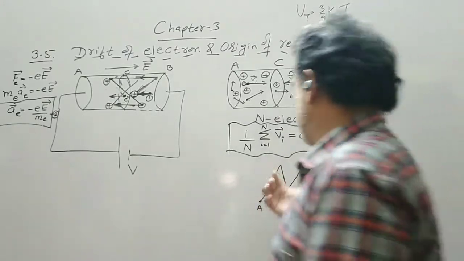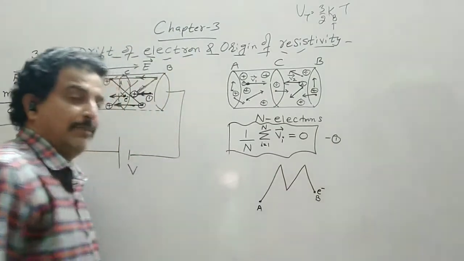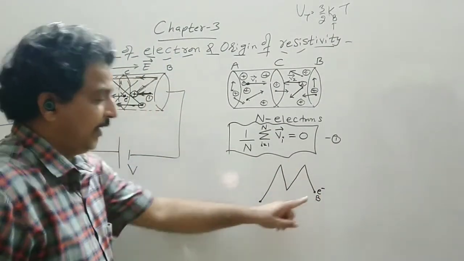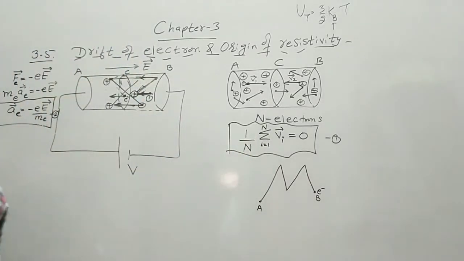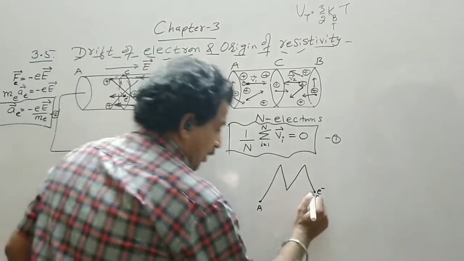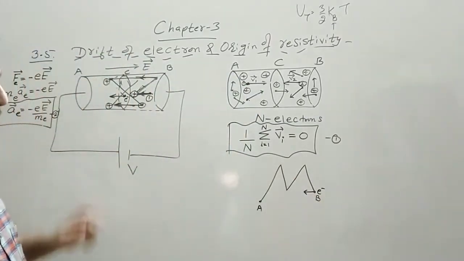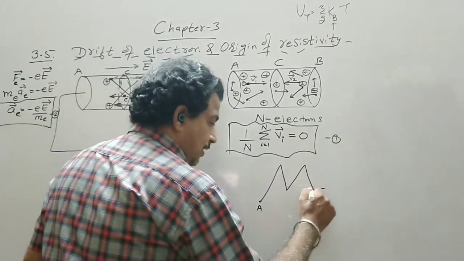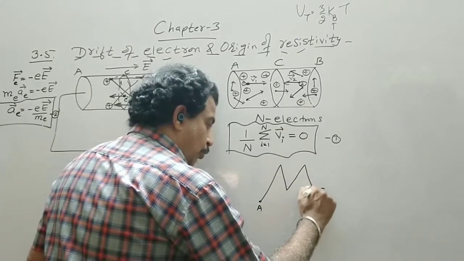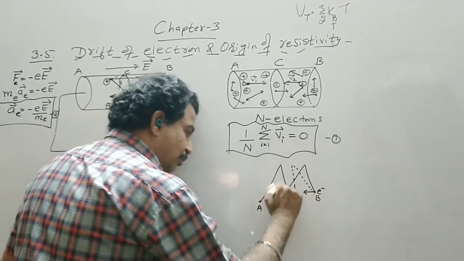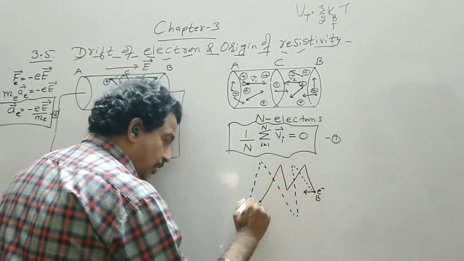So this electron was in random motion in the absence of the field. This is its path. Again, if I consider any one electron, it started its acceleration in the presence of the field, but it faced an ion and was thrown away. So now again it is moving in a random direction.